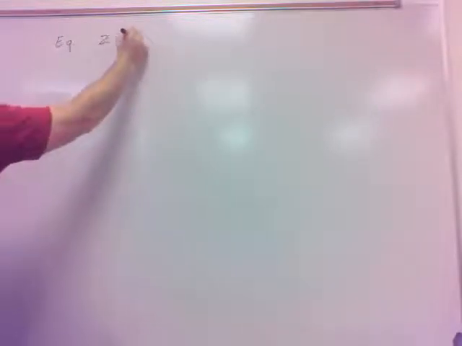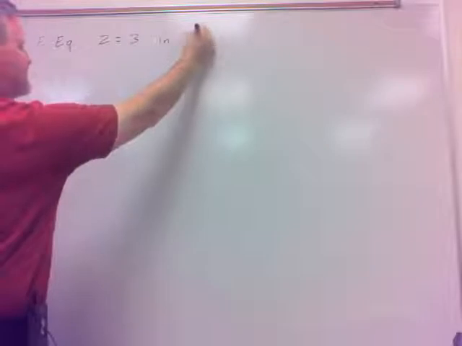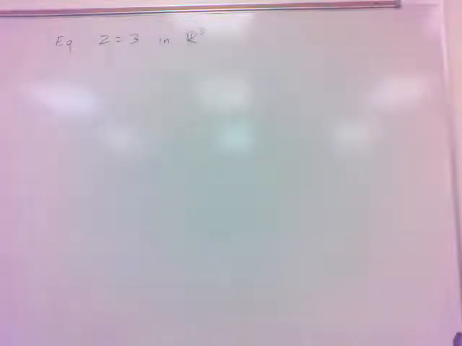Let's think about the equation z equals 3 in the three dimensions R3. Of course, that's specifying the z value is always 3. No matter what the x and the y are, the z value is always 3.